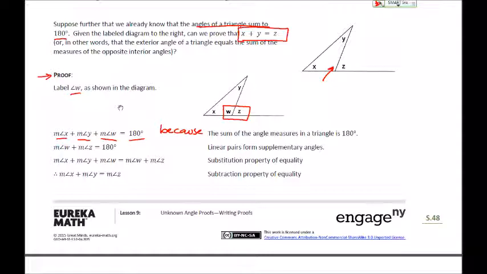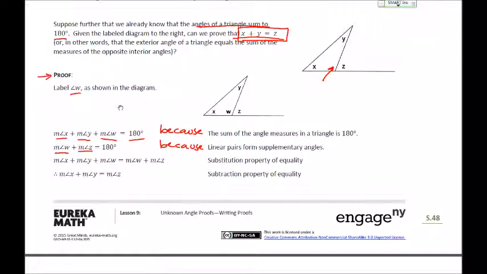They must be supplementary. So the next statement is angle W plus the measure of angle Z adds to 180 because linear pairs form supplementary angles. And we're going to use those two facts and some algebra to then use deductive reasoning to say that X plus Y must equal Z.